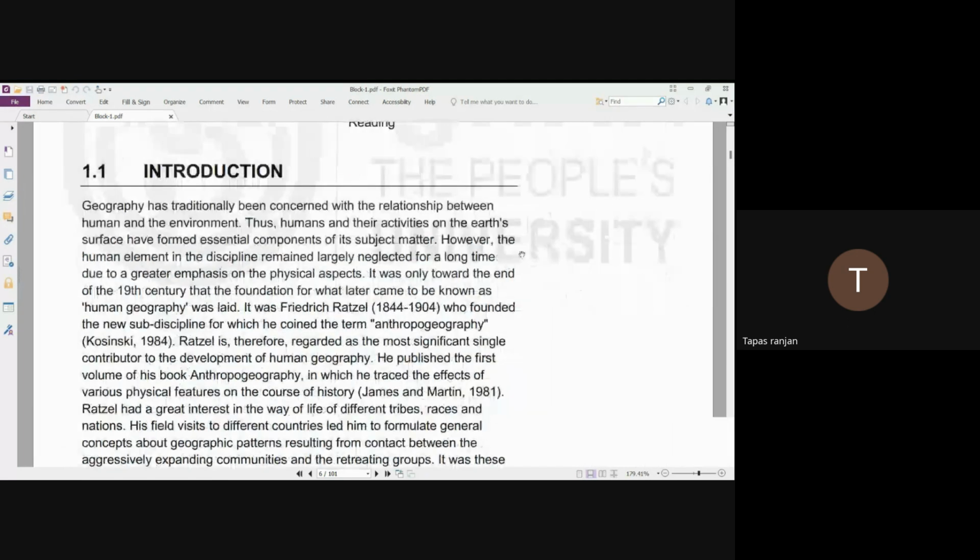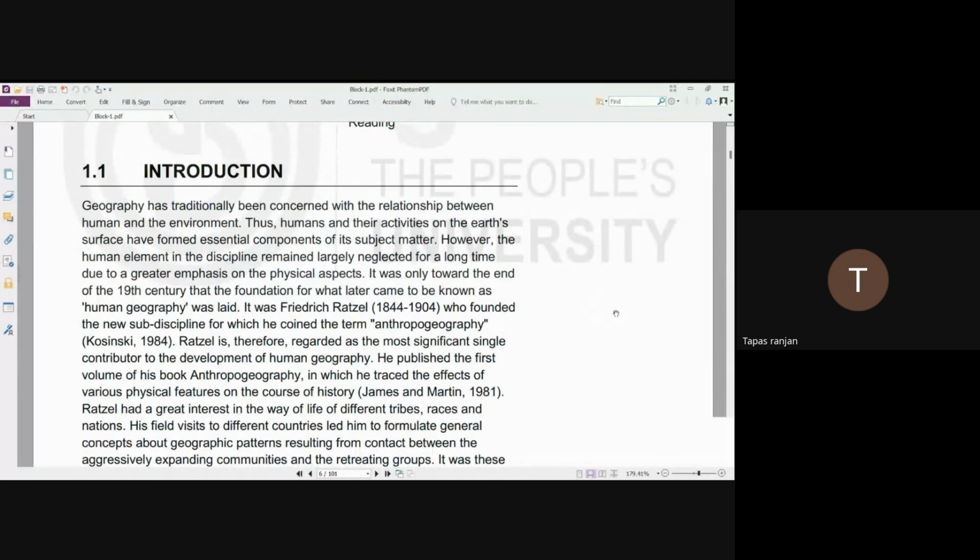As I have said, geography traditionally dealt with physical geography, because most of the geographers were confined to the physical geography part, mostly geomorphology, in the initial phase.